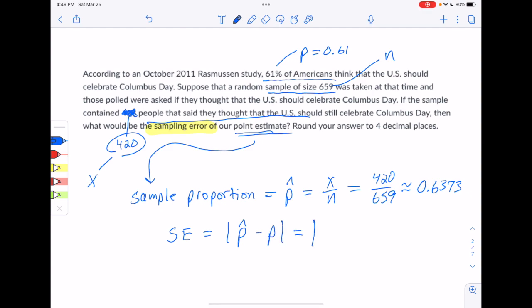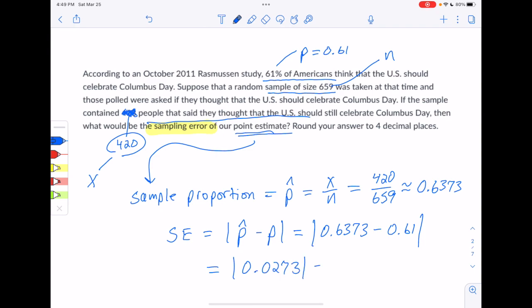So we just calculated P hat, that's 0.6373. The value of P was given to us when they said 61% of Americans believe. So that was our 0.61. So we do the subtraction, just a simple subtraction on the calculator. We get 0.0273.